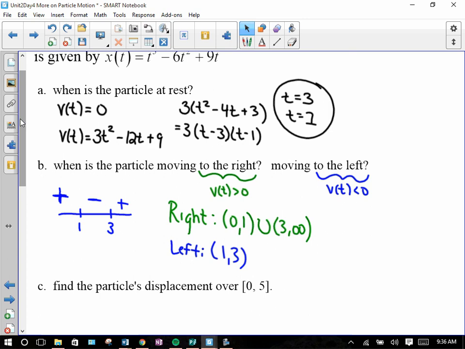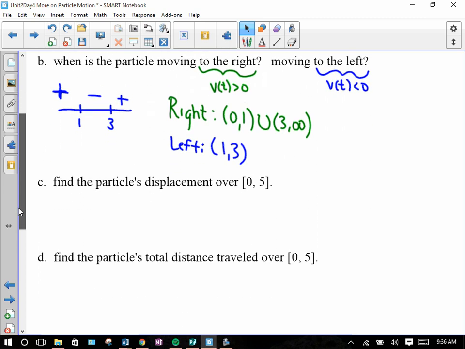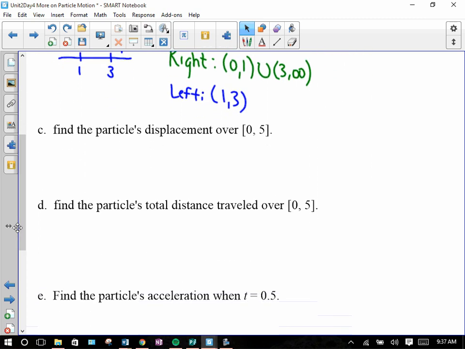Questions about that? Alright. So the next question says find the particle's displacement over the time interval 0 to 5.